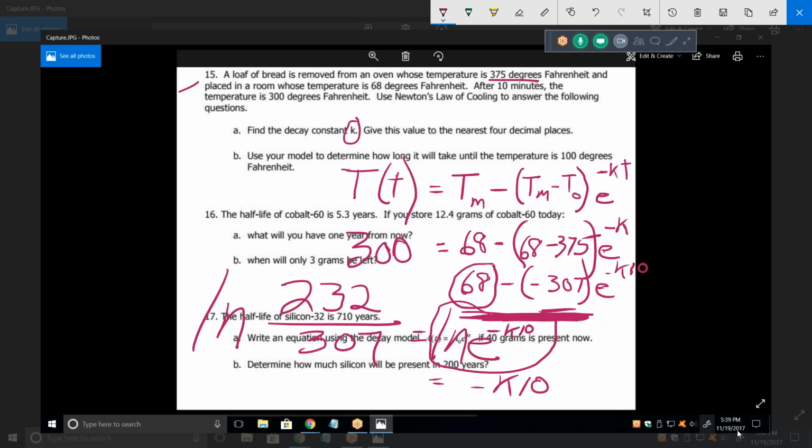And the left side, for the moment, leave it like that. And now, what is k going to be? I'm trying to solve for k, so I still have to divide both sides by minus 10. And that's k.